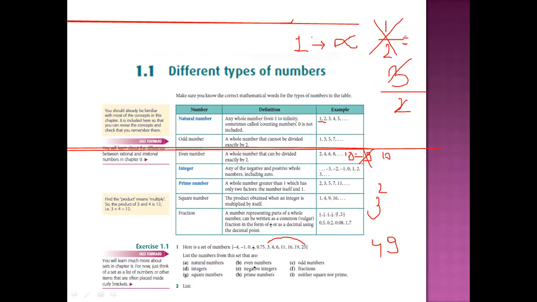And even numbers: if you look carefully, it doesn't say positive even numbers, just even numbers.